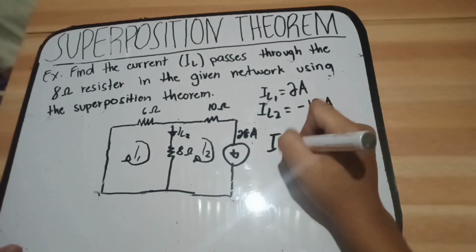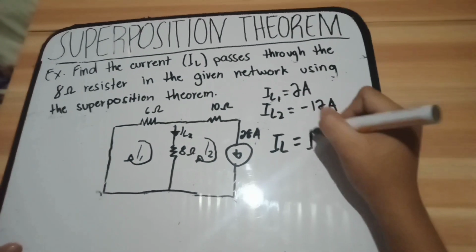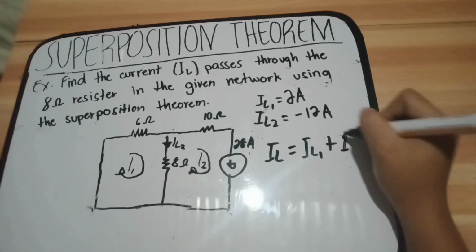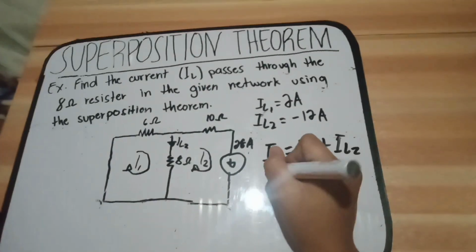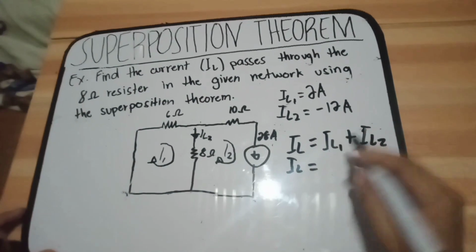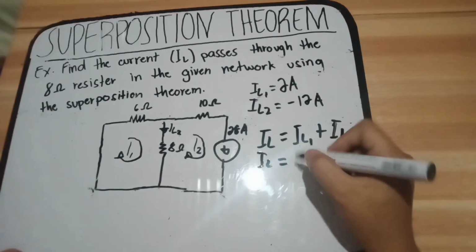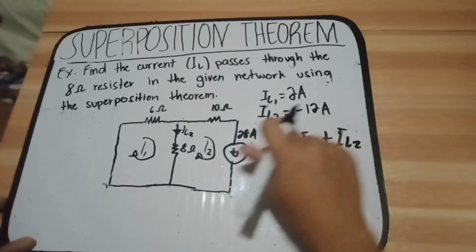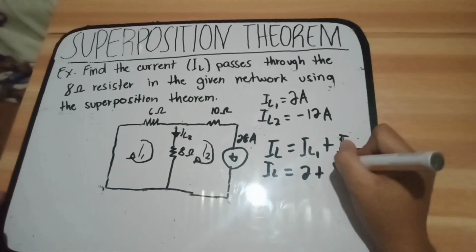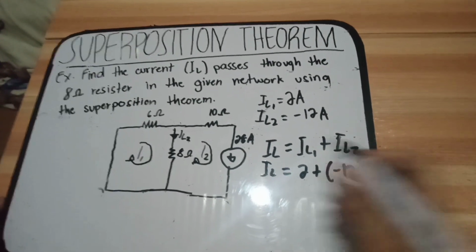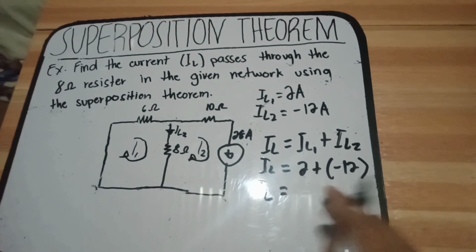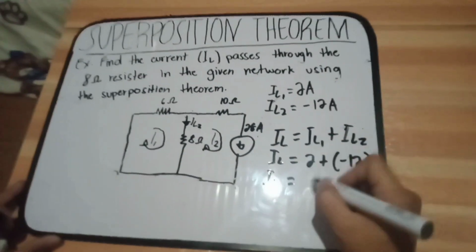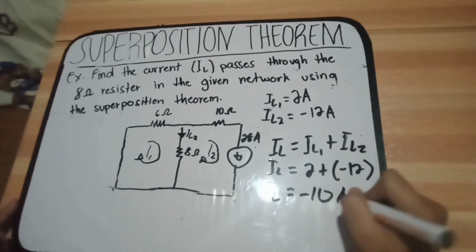So, this is the formula of IL: IL1 plus IL2. So, IL is equal to, ang IL1 natin is 2 plus IL2 natin is negative 12. So, IL is equal to 2 plus negative 12, which is negative 10 ampere.